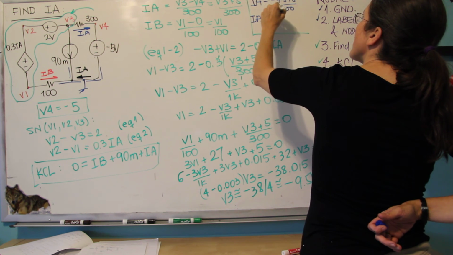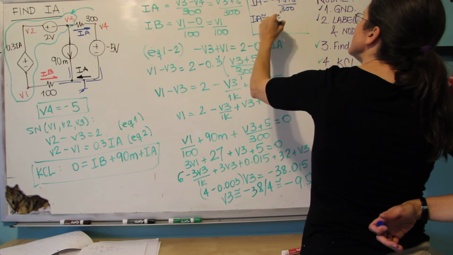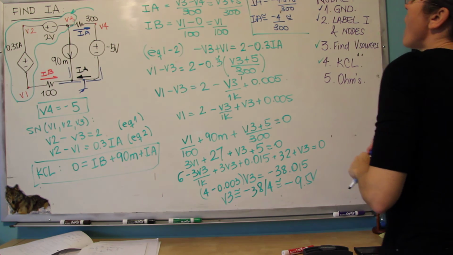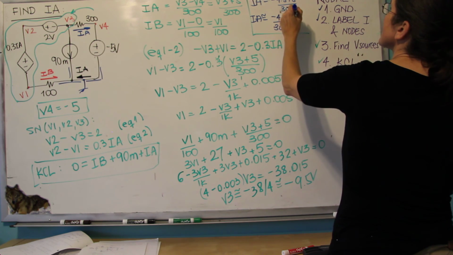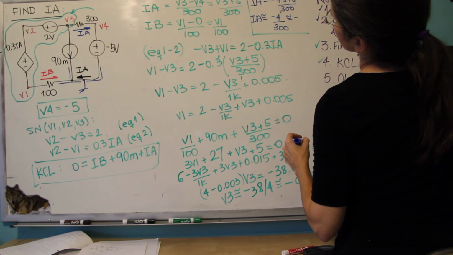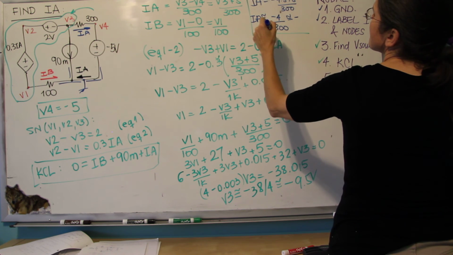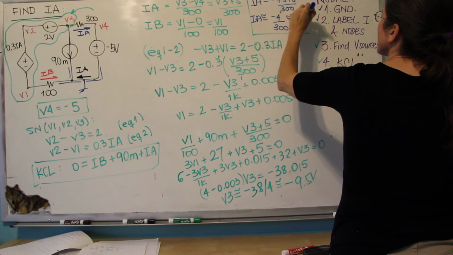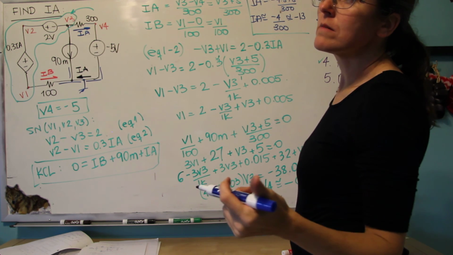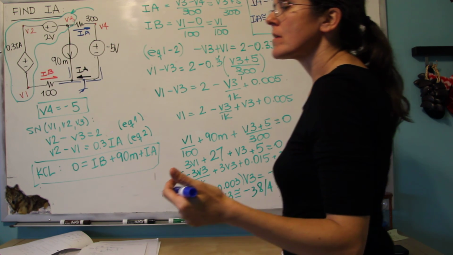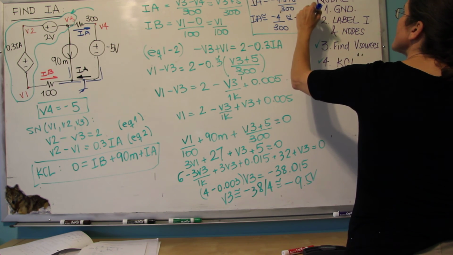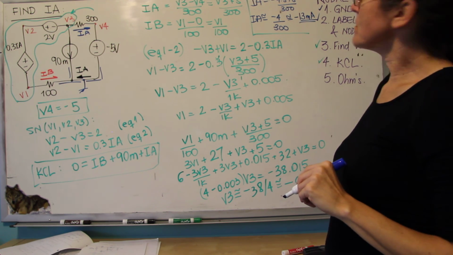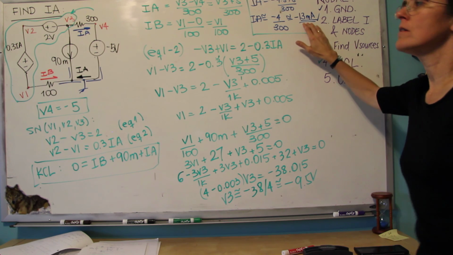IA is approximately minus 4 divided by 300, which is approximately minus 1.3 maybe. Minus 13 milliamps. 4 divided by 3 is 1. Another 1, yeah. Minus 13 milliamps is approximately what I'm looking for when I'm asking you to find IA.